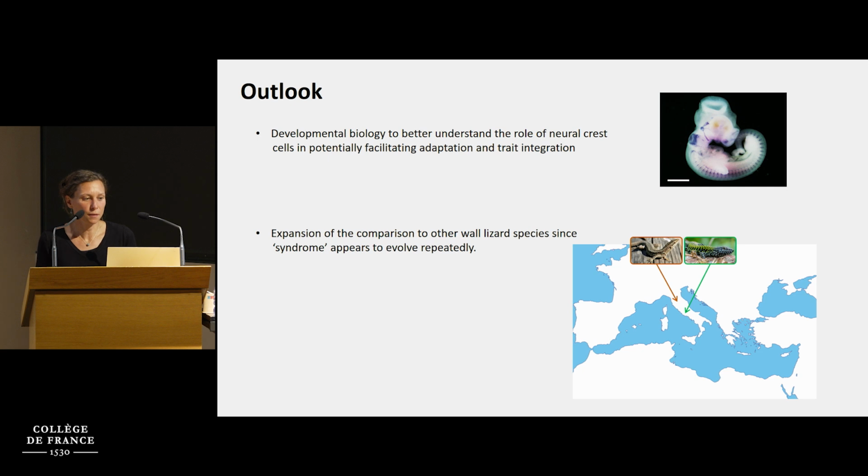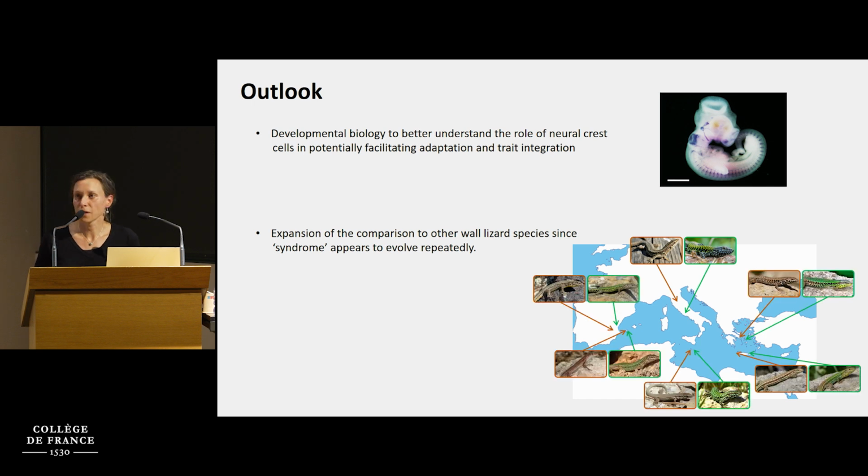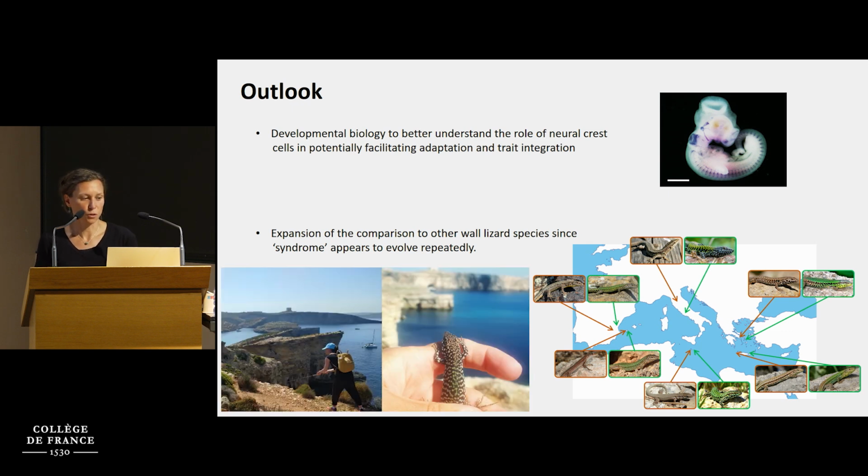And we're also expanding the comparison to other wall-lizard species, because today I focused on one species only, but in at least five other wall-lizard species across the Mediterranean, it seems that this syndrome has evolved. So we're right now doing a lot of fieldwork and trying to document phenotypes in great detail to quantify if the syndrome is really repeatedly exactly the same or how much it differs between different species.